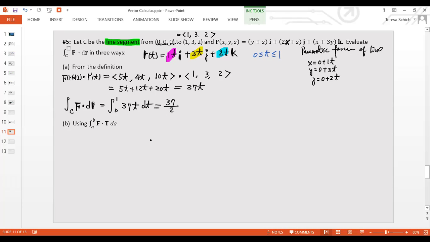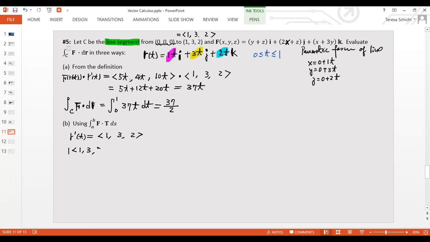Now let's take a look at part B. Let me find the unit tangent. I know r prime(t) is (1, 3, 2), just like we did before. To get the unit tangent, I need to find the magnitude of r prime(t).